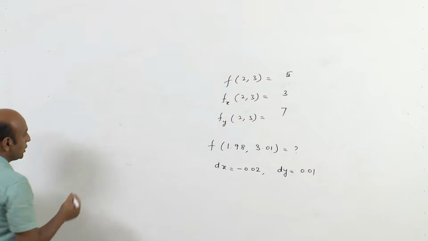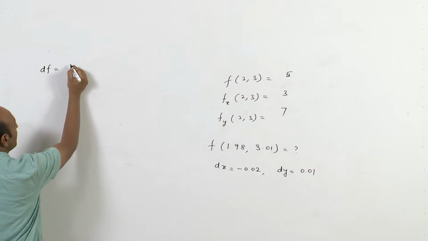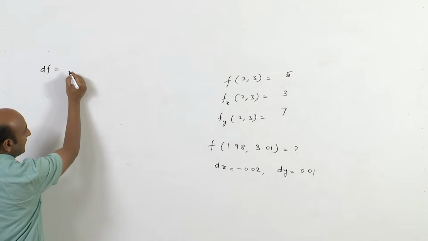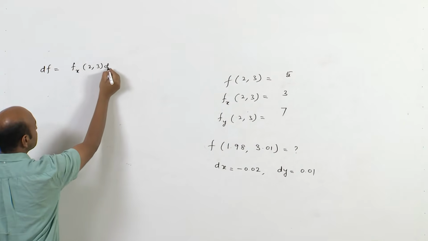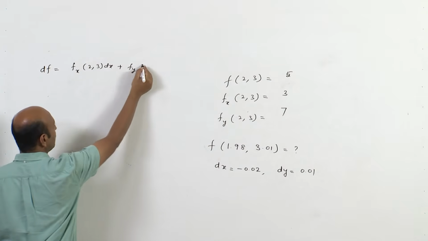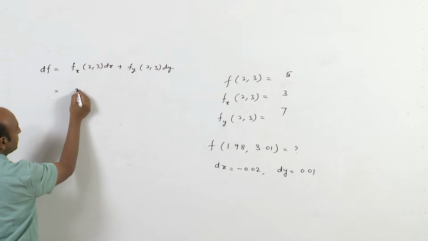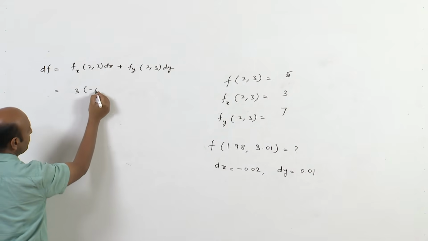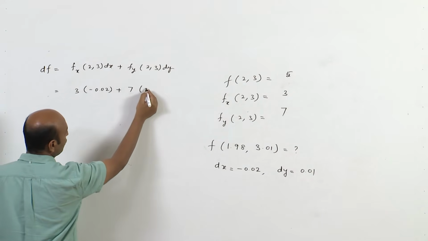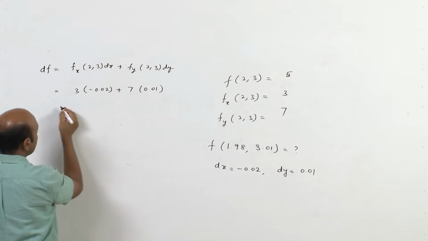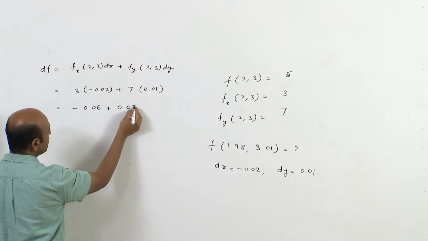Now, df, the approximate change in the value of the function, will be fx at (2, 3) dx plus fy at (2, 3) into dy. So, this will be 3 into minus 0.02 plus 7 into 0.01, that will be minus 0.06 plus 0.07, that is 0.01.